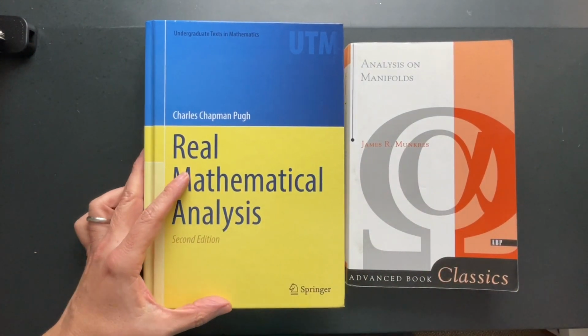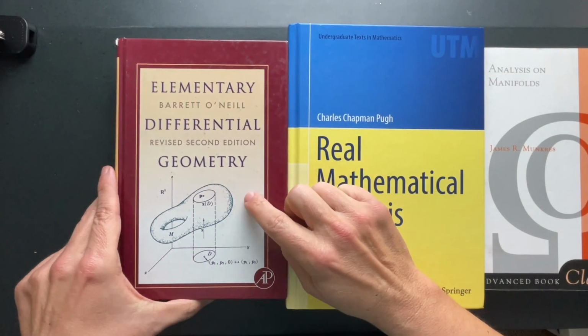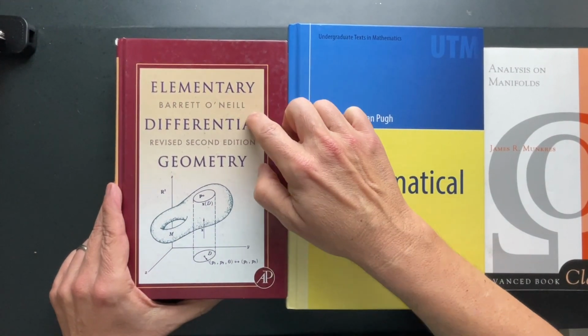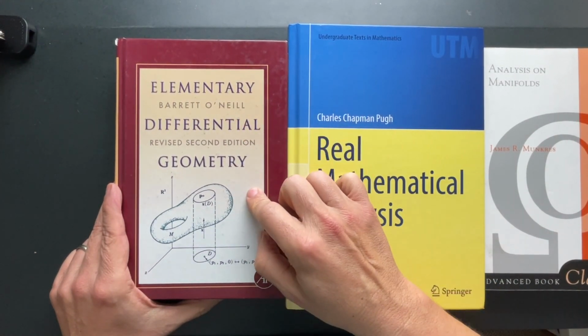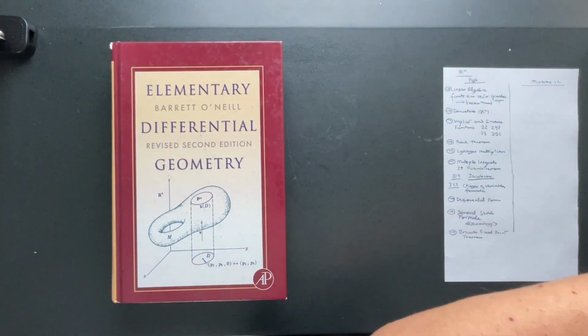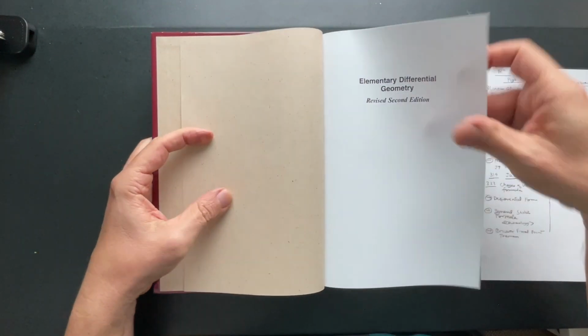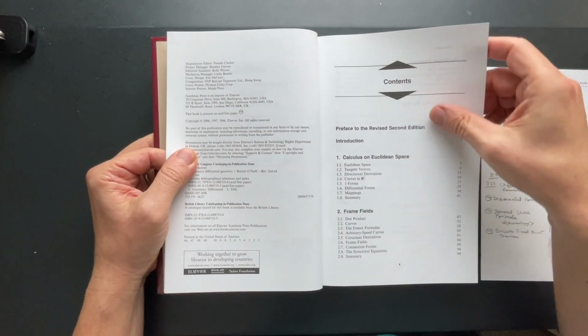But really, as I said in the intro part of this video, I would cover this entire book, O'Neill, on elementary differential geometry, just because I would like to know how manifolds work, all the various laws that have to do with differential geometry. I've discussed this book before.